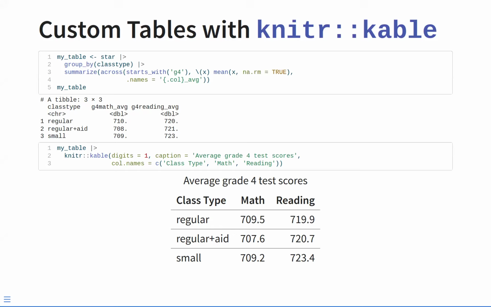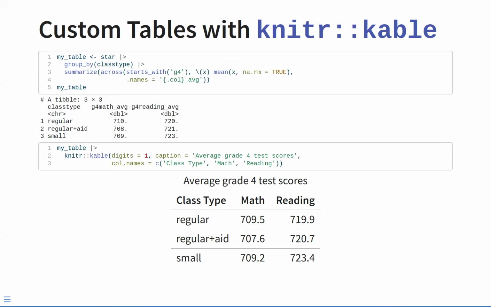It allows me to specify all sorts of things. But what I'm doing here is I'm using the pipe to supply my table as the first argument to knitr kable. So I'm supplying this tibble, which is then going to be turned into a nice table for me. I'm specifying how many digits I would like, how many decimal points. 1. Please don't use extraneous digits. It's something that makes me cry.